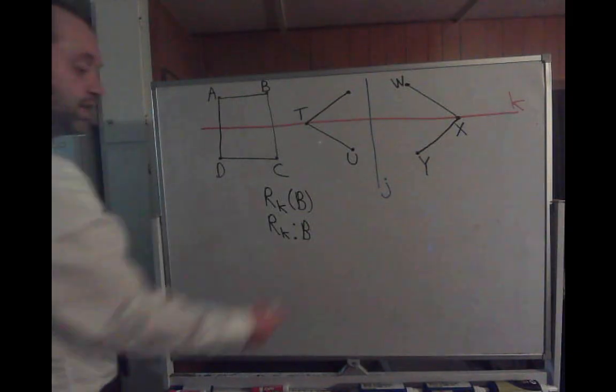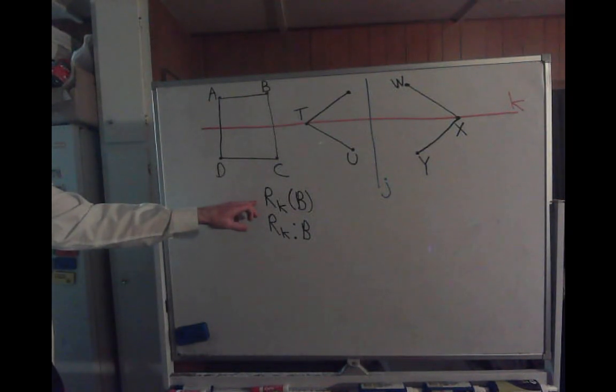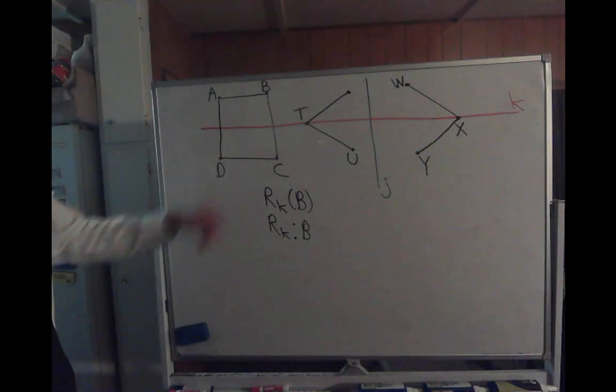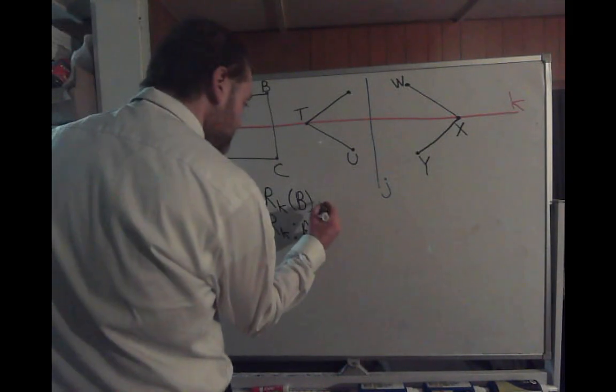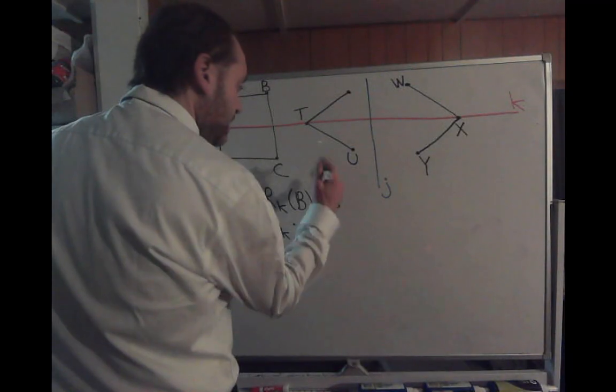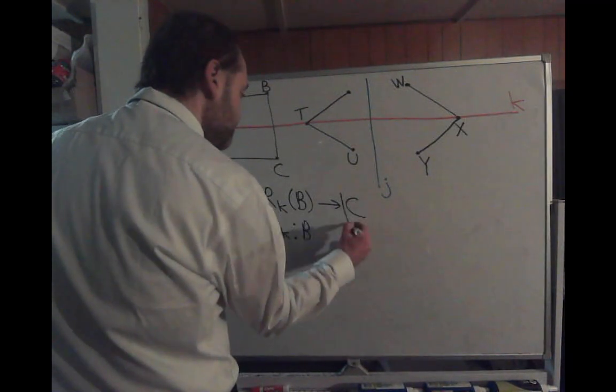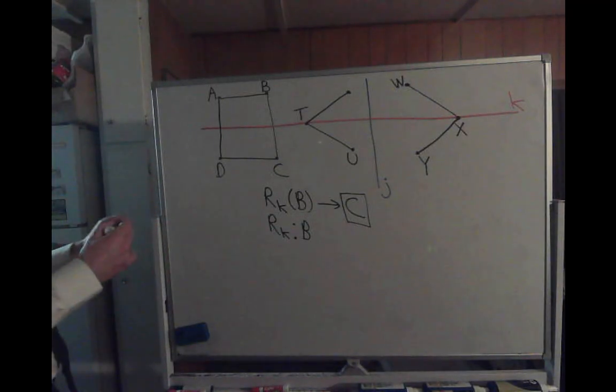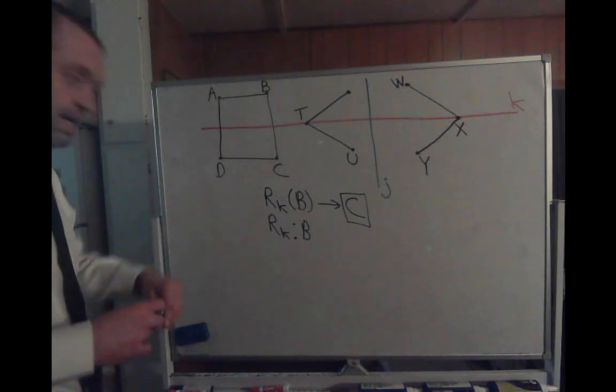These mean the reflection in line K at point B, which would be, of course, C. Since we're reflecting on a horizontal line, point C would be the reflection through line K at point B.